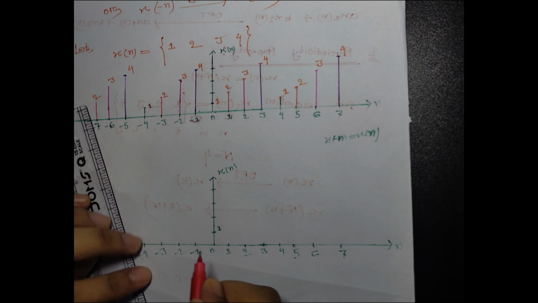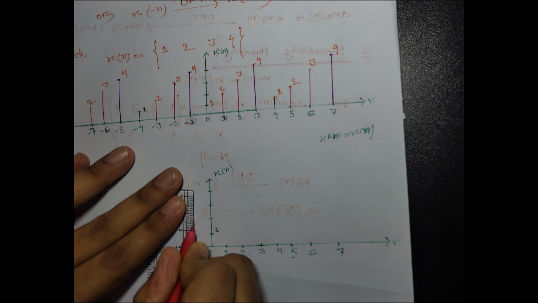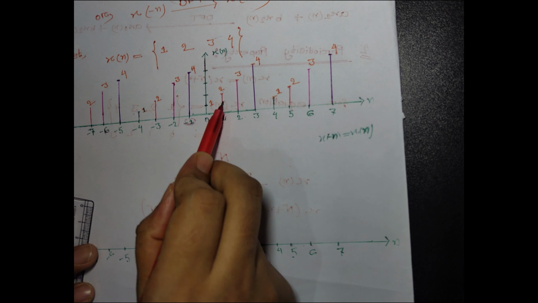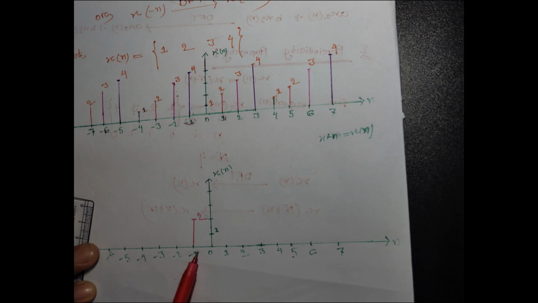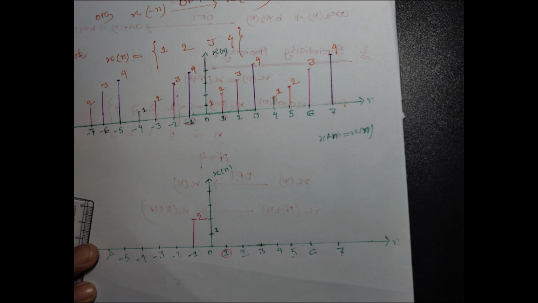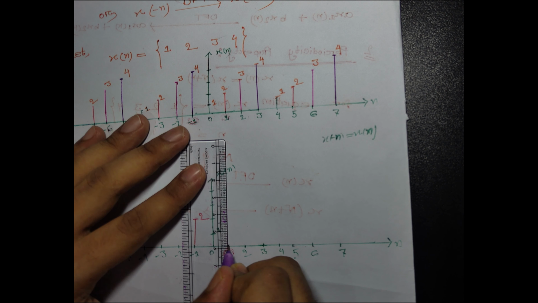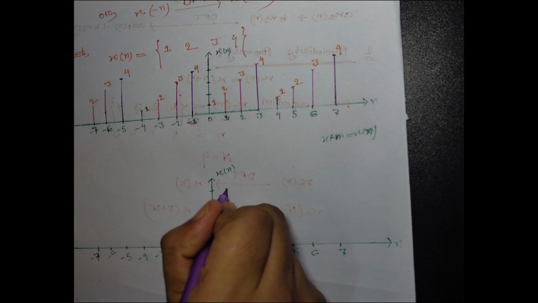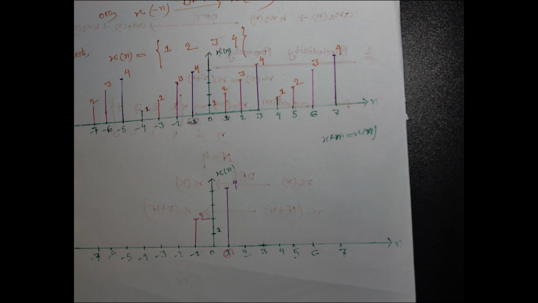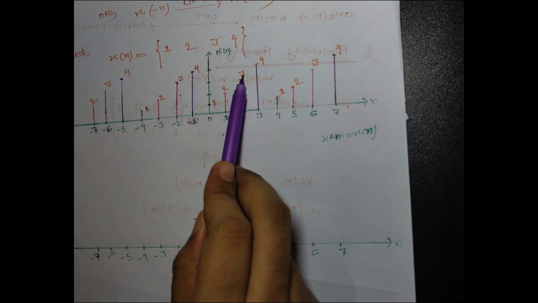The value at minus 1 is 2 and at the 1 position the value is 4. Now at n equal to 2, the magnitude is 3.